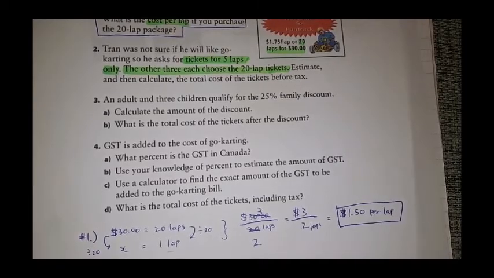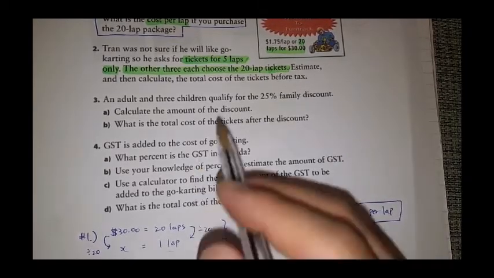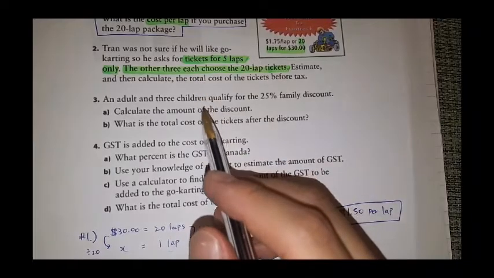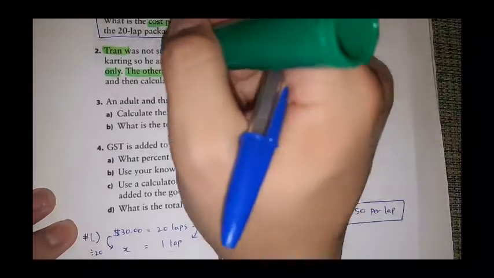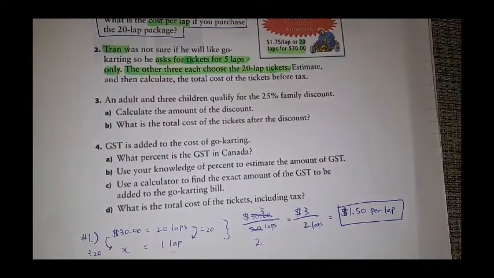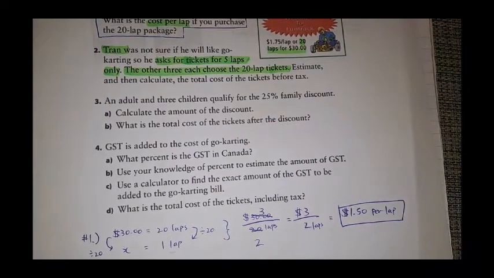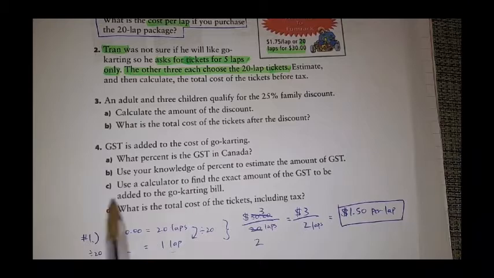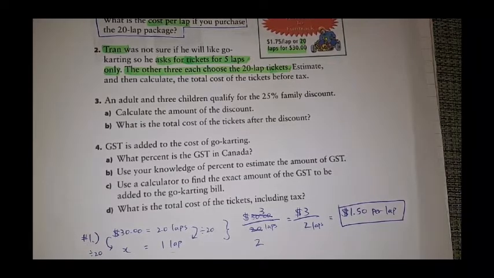So GST doesn't play a huge role. Now I want you to pause this button and copy: Tran asked for tickets for 5 laps only, period. The other 3 choose the 20 lap tickets. I want you to copy what I highlight as a sentence.